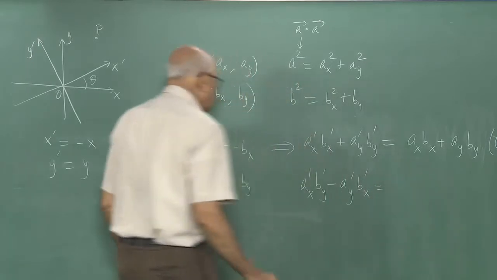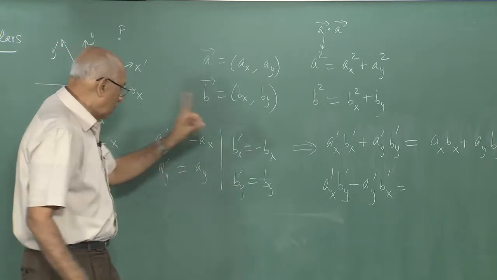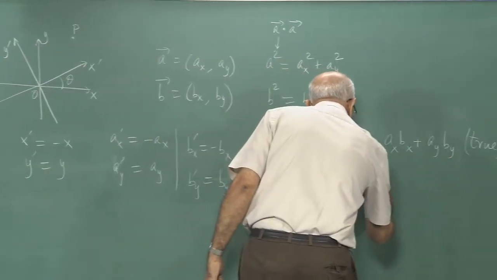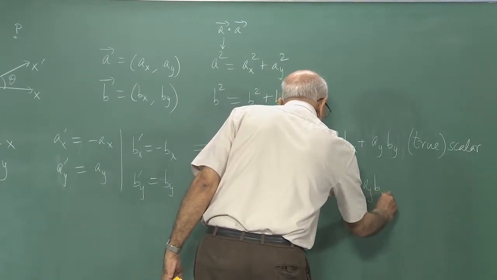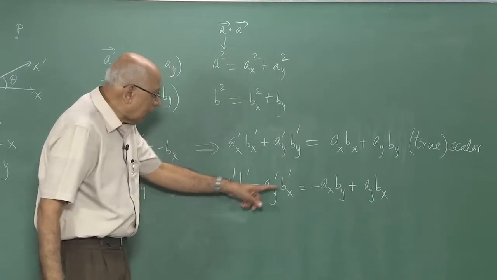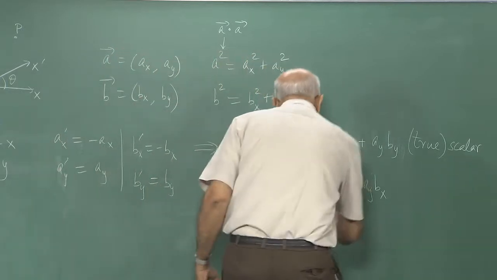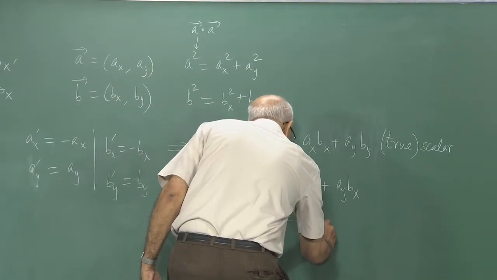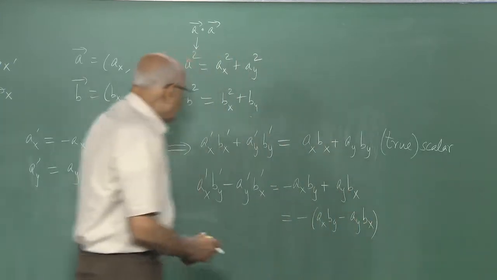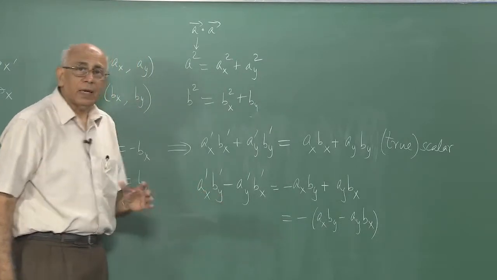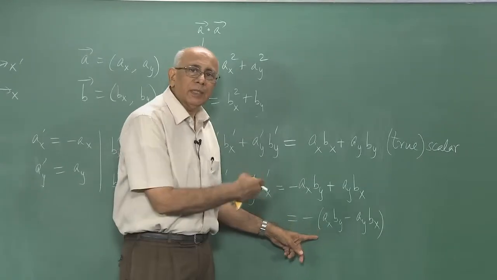This is equal to, well, ax prime changes sign, by prime does not change sign, so you have a minus sign. So this is minus ax by plus ay bx. Because this does not change sign, that changes sign and cancels the minus sign, give you a plus there. But this is equal to minus ax by minus ay bx. So you see this combination, which was a scalar under rotations, has actually changed sign under reflection.